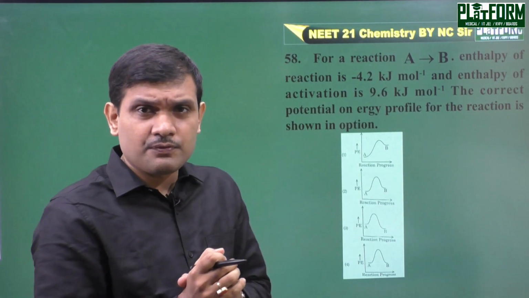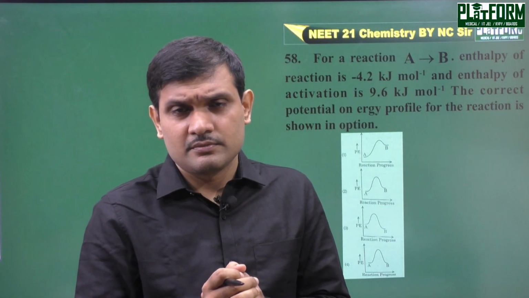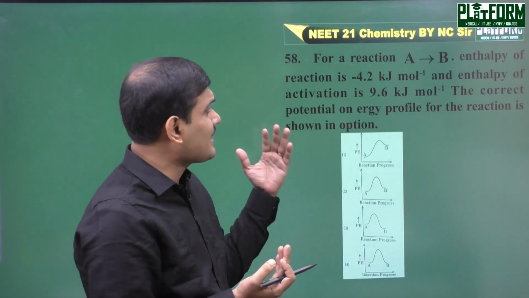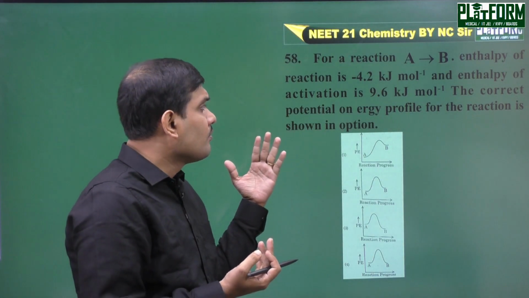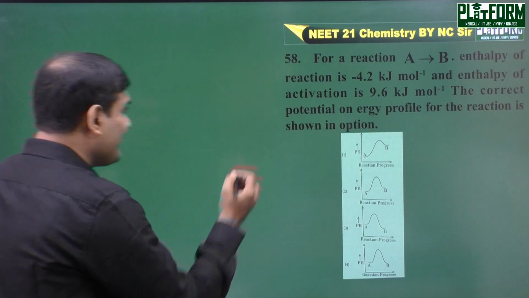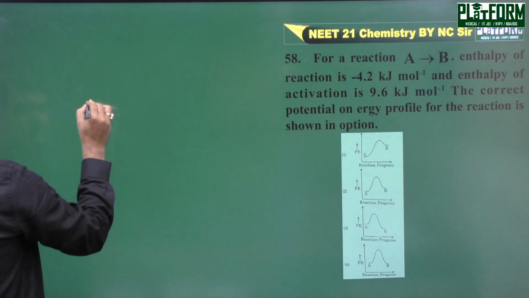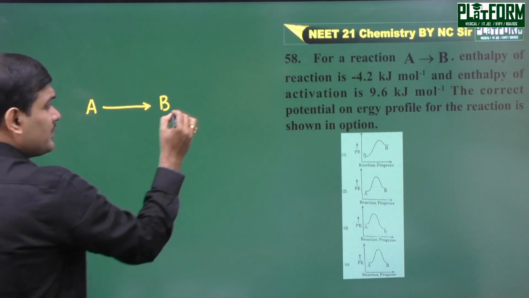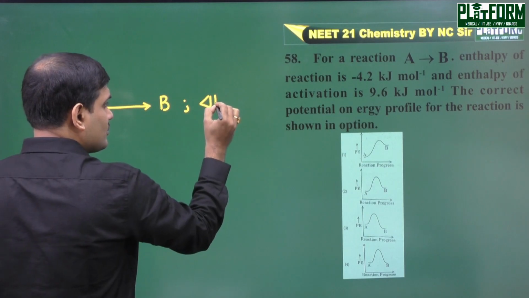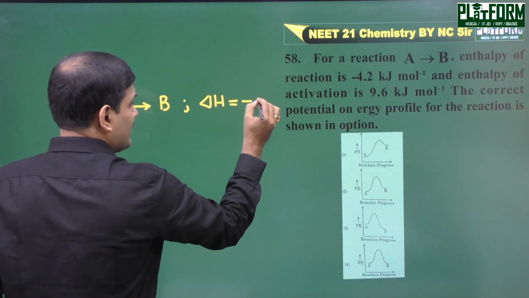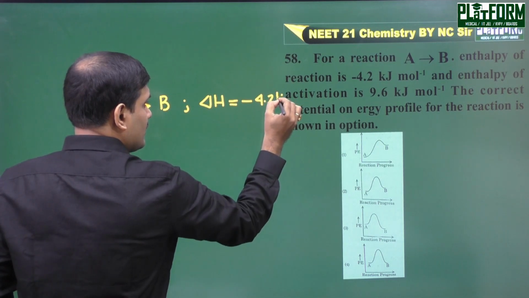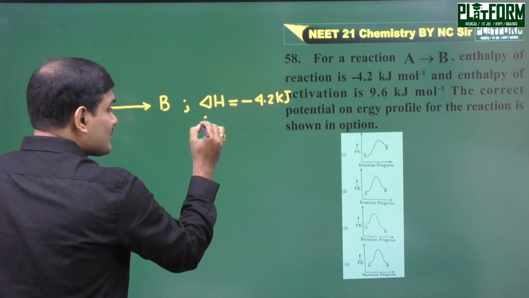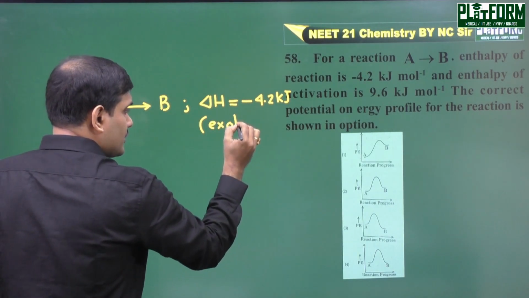Now it is a question from chemical kinetics. Simple question. For a reaction A to B, the enthalpy of reaction is given as delta H equals minus 4.2 kilojoule. This means it is an exothermic process.